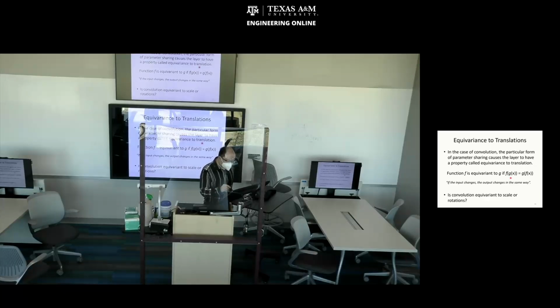Let's say you have a perturbation of x, okay? Let's call it g. This g could be translation, rotation, or something, okay? If the function of the perturbed input equals the perturbed function of the input, then this function f is equivariant to the perturbation g.